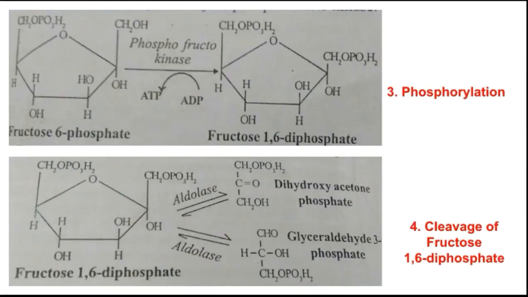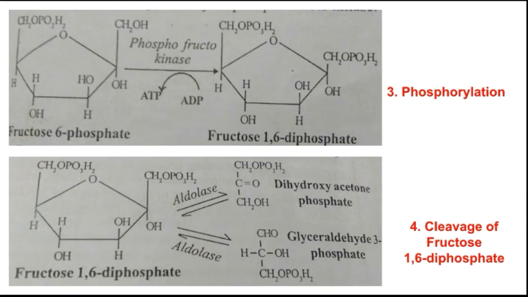Next is the second phosphorylation. The second phosphorylation reaction follows the isomerization. Fructose 6-phosphate is phosphorylated by ATP to fructose 1,6 diphosphate, and this reaction is catalyzed by the enzyme phosphofructokinase.